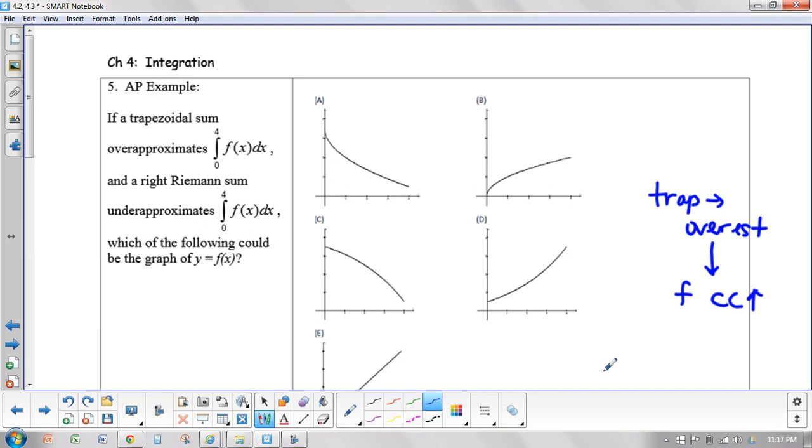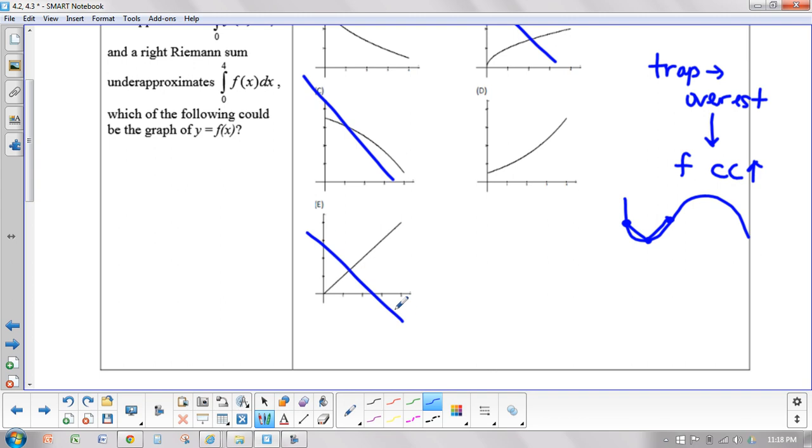And that's just something you are supposed to remember, commit it to memory. You can draw examples to show yourself that if you're connecting the dots and you're concave up for trapezoids, then you're going to overestimate. So I know it's concave up, so I can automatically get rid of B because it's concave down, C because it's concave down, and E because it doesn't have concavity. So again, B was out, C was out, and E was out just by knowing it's concave up.